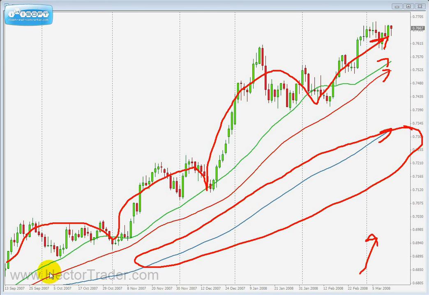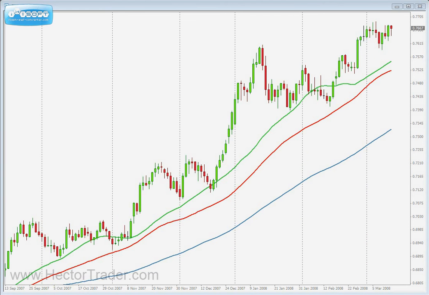So you see, this is the area between the 30 and the 50. You can see it's holding indeed as it's working as a dynamic area of support, okay.